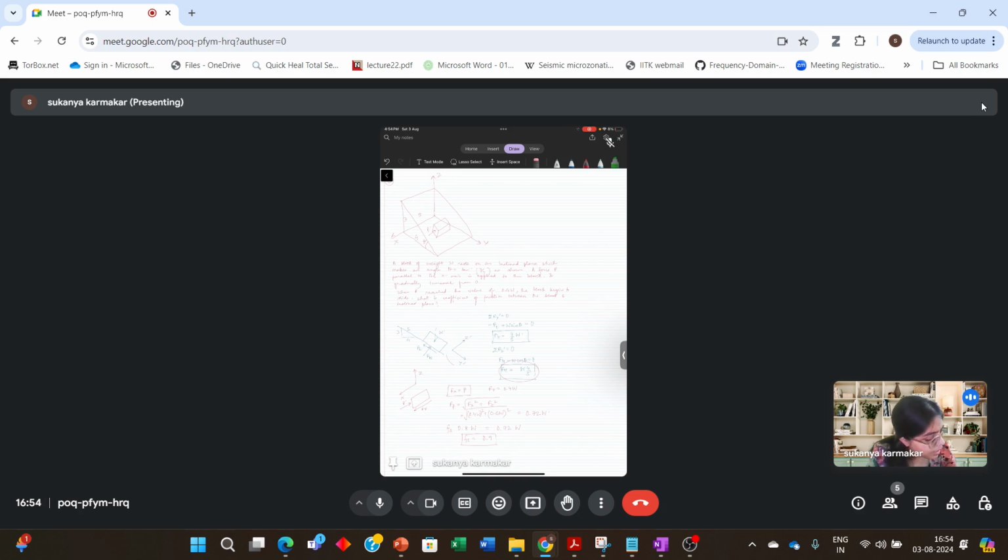So if I try to draw it, something on the inclined plane. This is FT, and in this direction as well you have friction Fx.